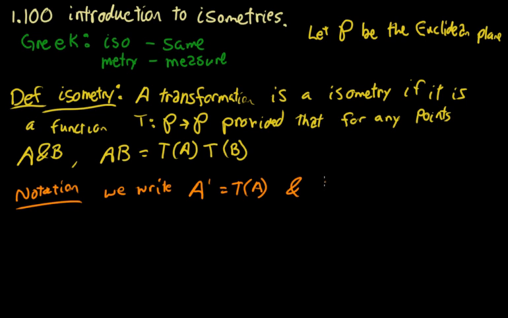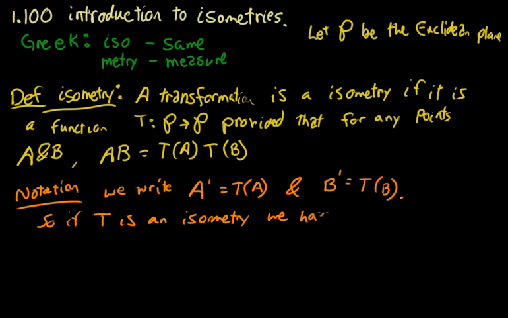And we also write B prime equals T of B. So if T, this transformation, is an isometry, we have AB equals A prime B prime.